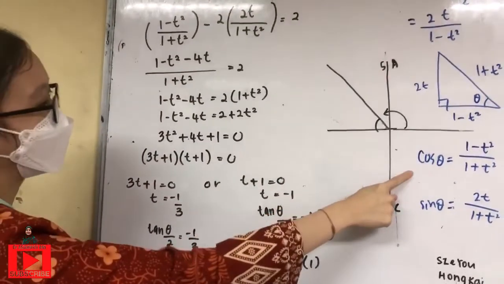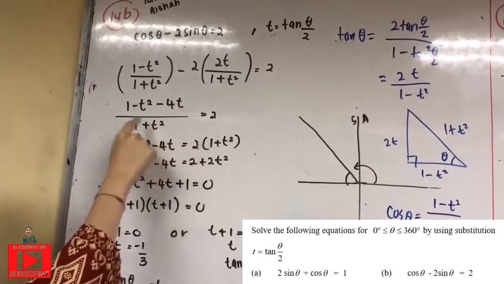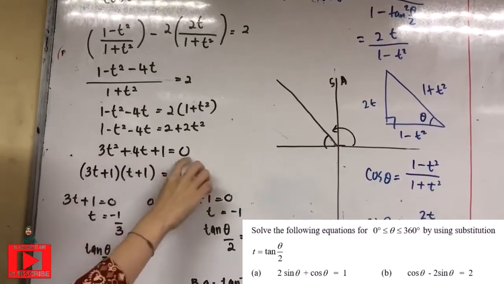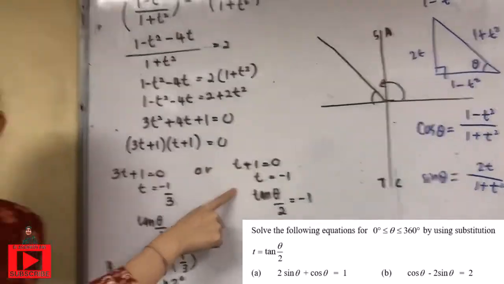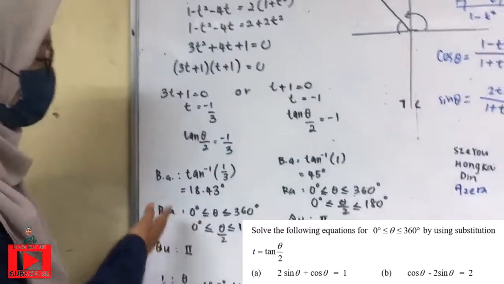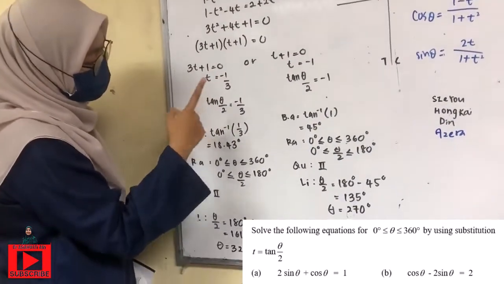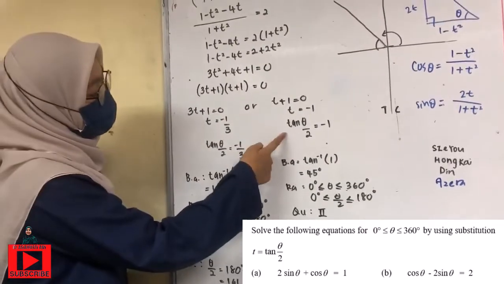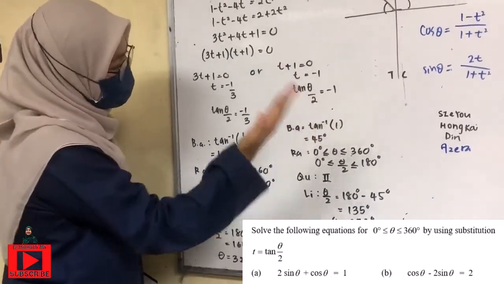So we sub cos theta and sin theta formula into this equation and then we will get 3t square plus 4t plus 1 equals to 0 and then we factorize, we'll get t equals to negative 1 over 3 and t equals negative 1. Okay, so we start t equal to tangent theta over 2 equal to negative 1 over 3 and then same goes tangent theta over 2 equal to negative 1.